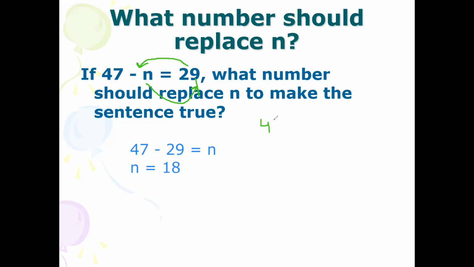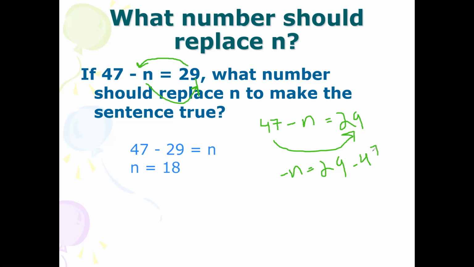Or the other method would be to take 47 minus n is equal to 29. We can just shift the 47 to the other side of the equation. That would become minus n is equal to 29 minus 47.